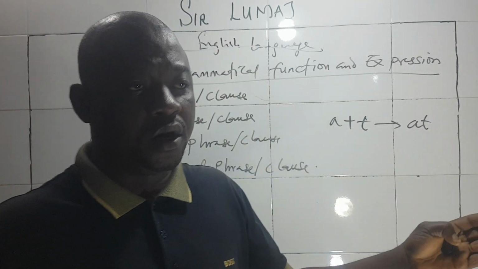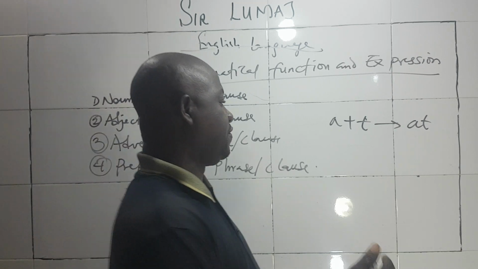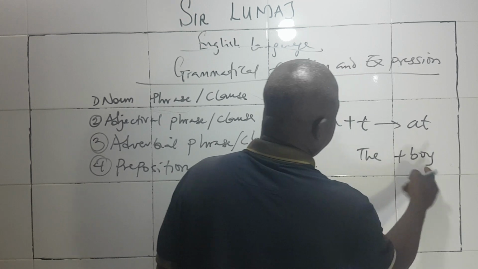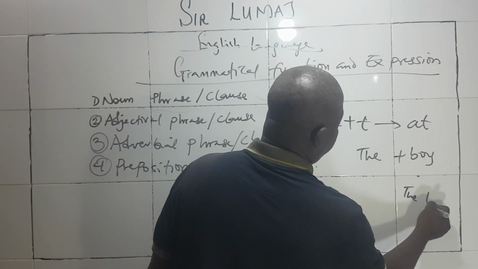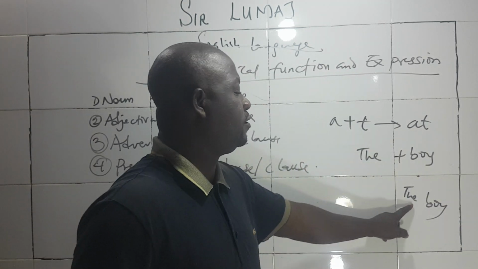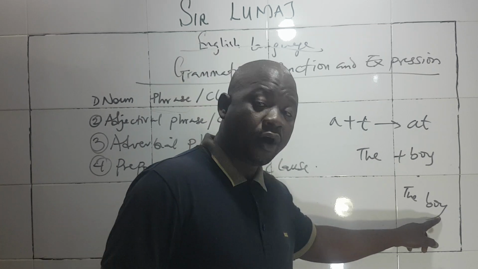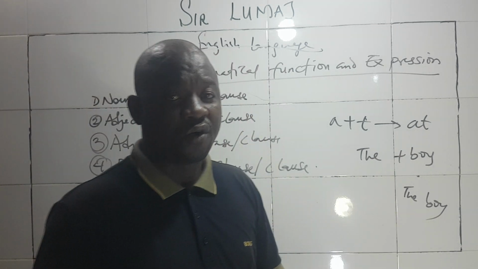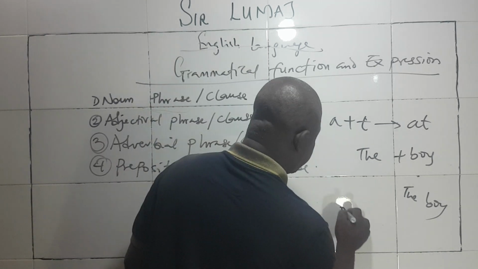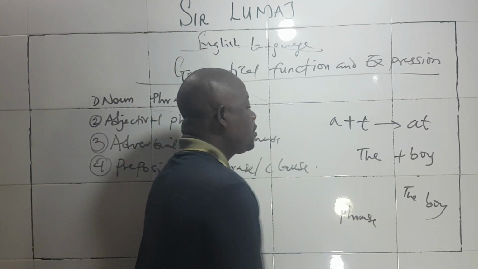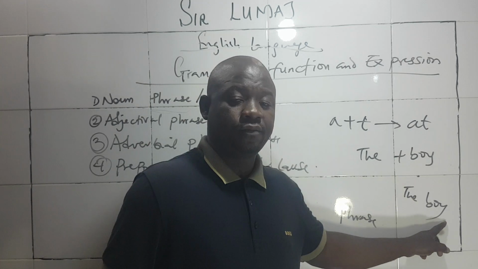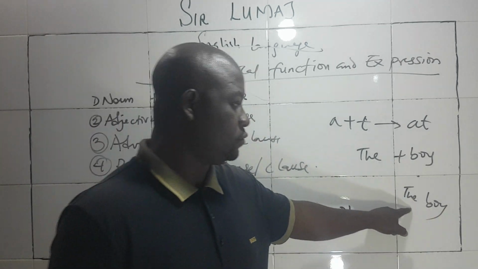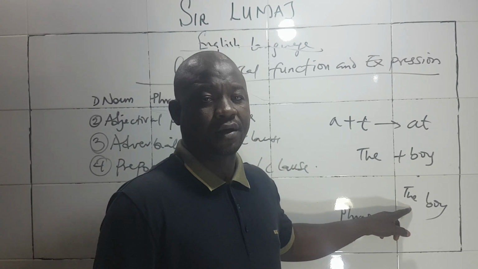And I say when words now come together, for instance, if I say the joins with boy, it becomes the boy. So if you now look at it, the is a word, boy is a word. Coming together of these words, they form what they call a phrase. If you now see the boy, there is no verb here.